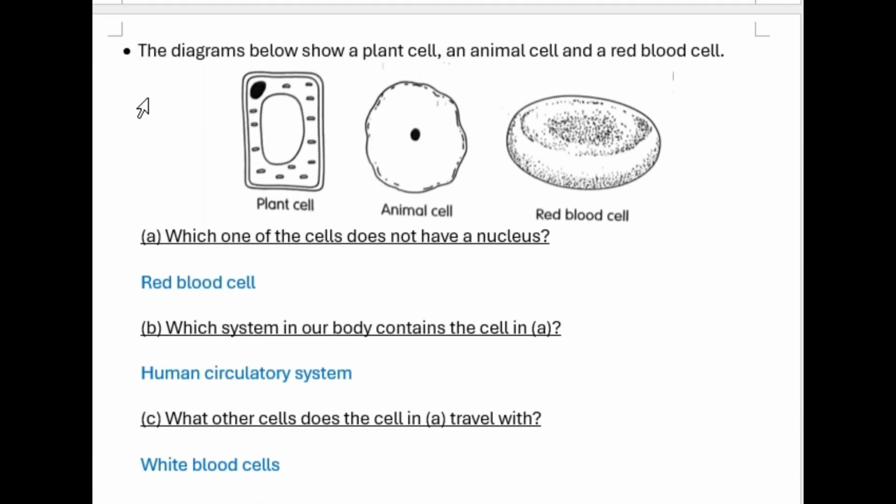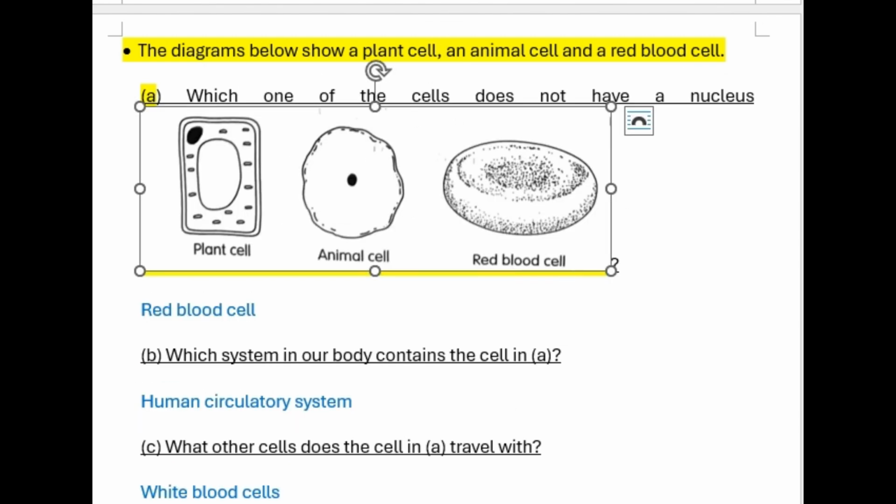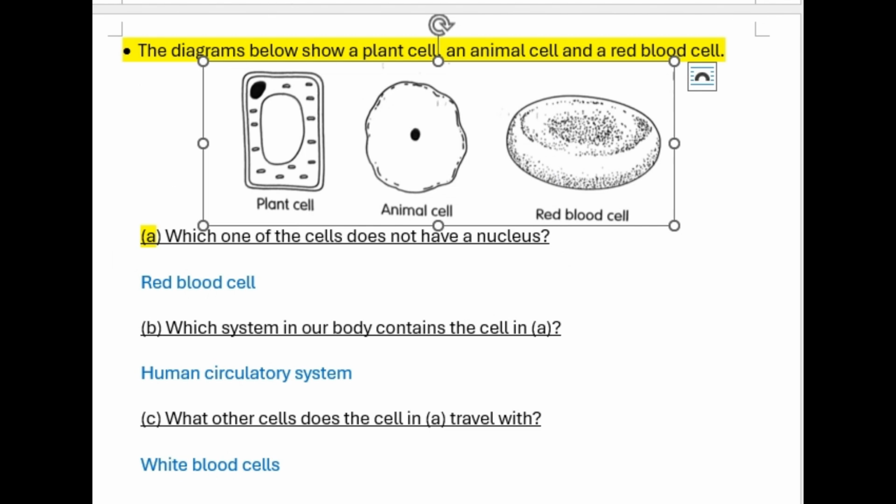The diagrams below show a plant cell, an animal cell and a red blood cell. Which one of the cells does not have a nucleus? Red blood cell.